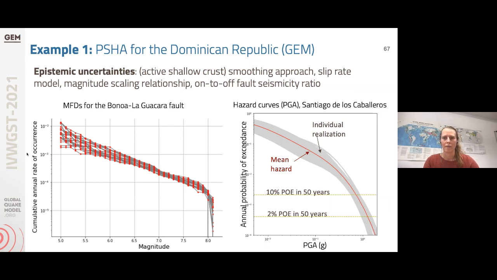And to the right, we're showing the hazard curves that have resulted from this model, and they include the entire model, not only the sources that are representing this fault, but this is a means of depicting how using different magnitude frequency distributions can have an impact on the shape and the spread of the individual hazard realizations.